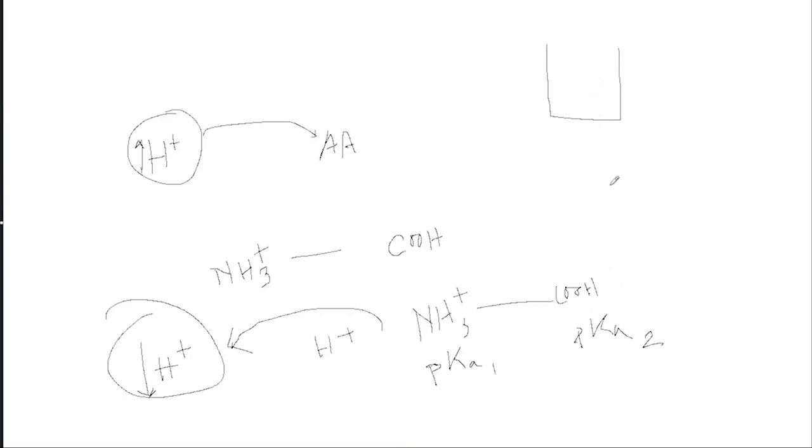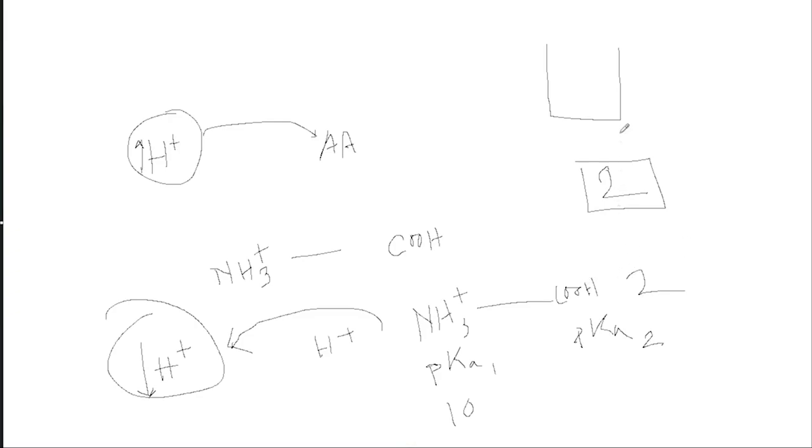Because let's say this one, the carboxylic group, has a pKa of 2, and the pH of the solution is greater than 2, but not greater than the pKa of the amino group, which is 10. So the solution, which has a pH of 2, now has some hydrogens, but not that much to actually tip the scale of the pKa of the carboxyl group.